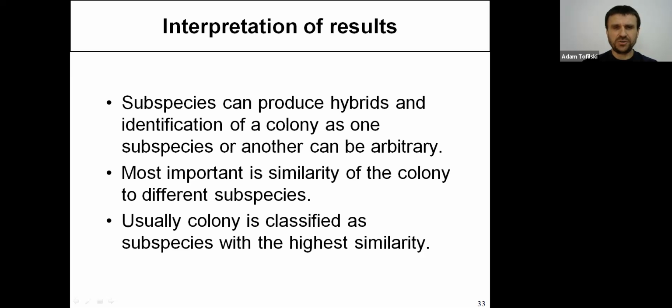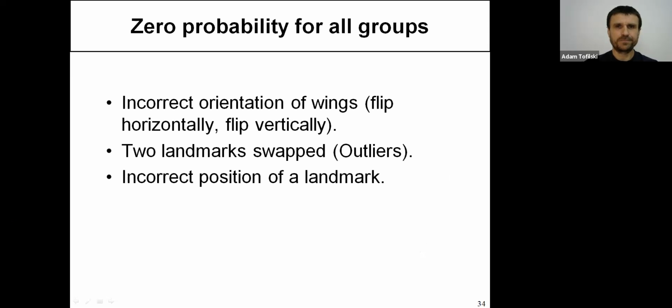You should pay attention to how similar your colony is to many subspecies, and usually it's assumed that the subspecies with the highest similarity is the subspecies which you will classify as.